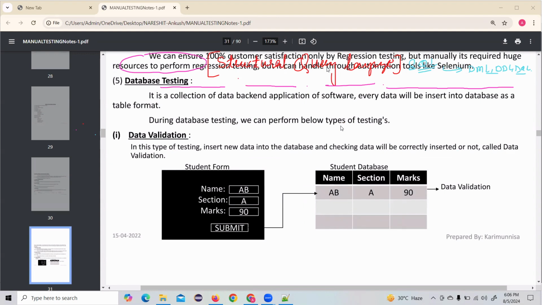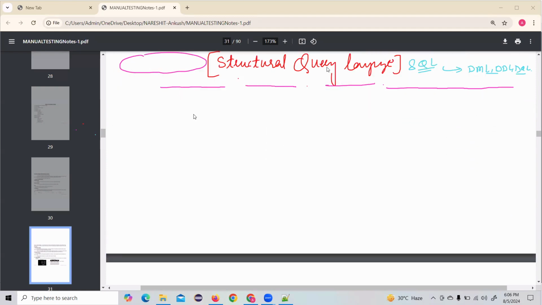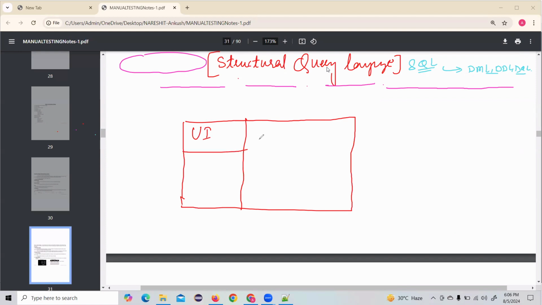Look here. As I told you, you can take any software. How many layers are there? User interface, business logic, database. Take anything like WhatsApp, Facebook.